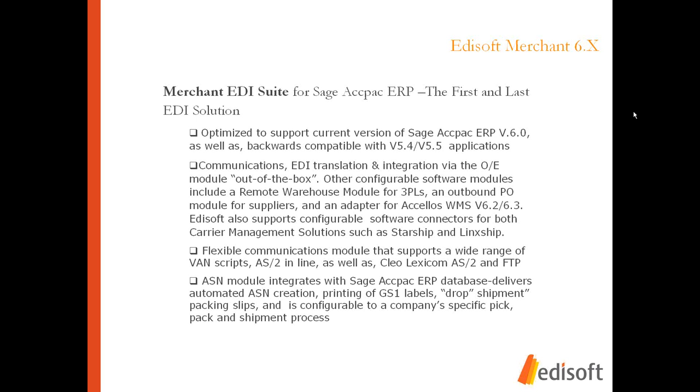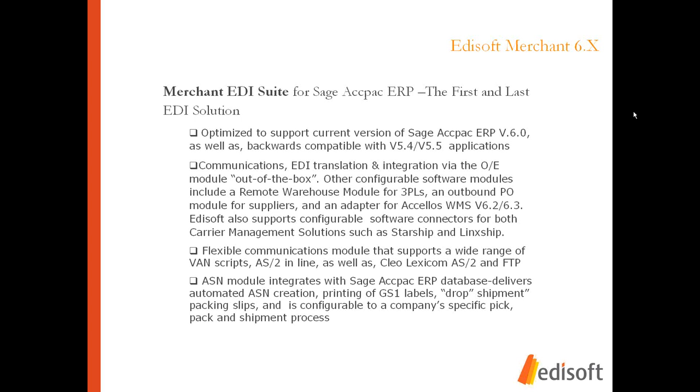The communications module is flexible and supports a wide range of VAN scripts, AS2 inline, as well as Clio Lexicon AS2 and FTP. In addition, our ASN module integrates with the Sage ACPAC ERP database, delivering automated ASN creation, printing of GS1 labels, and drop shipment packing slips, and is configurable to accompany specific pick, pack, and ship processes.